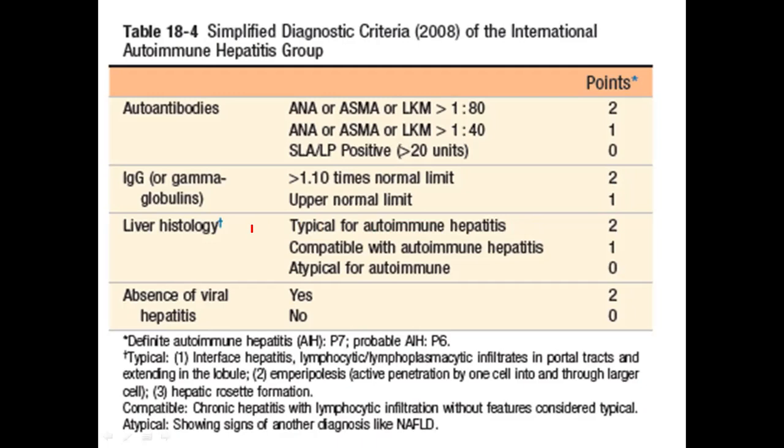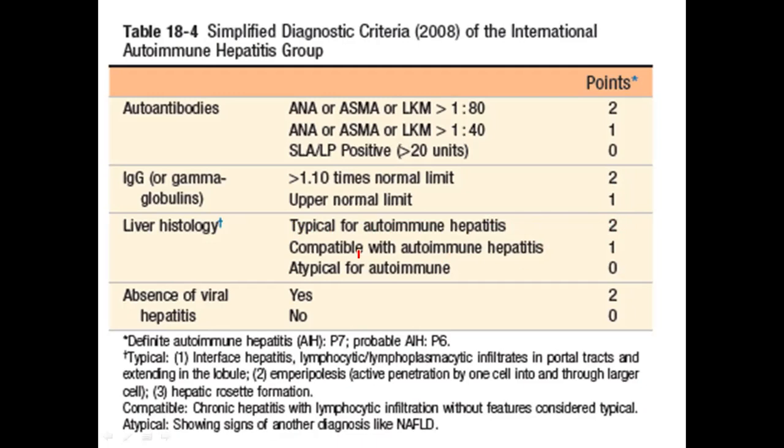Then we go for liver histology. If the liver histology has the typical features of autoimmune hepatitis, rosette formation, plasma cells, interface hepatitis, then the score is 2.